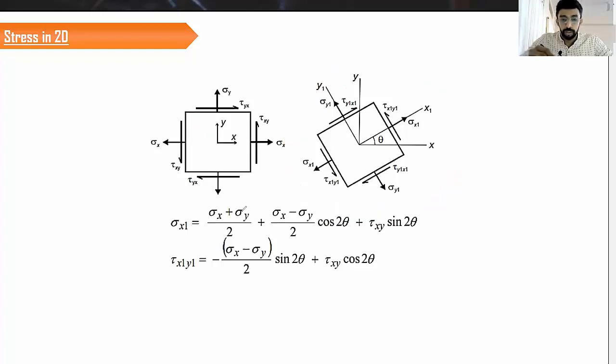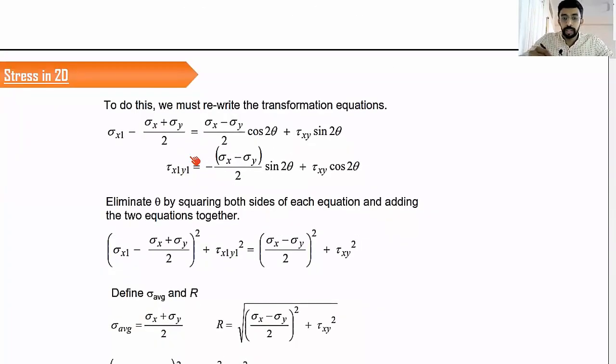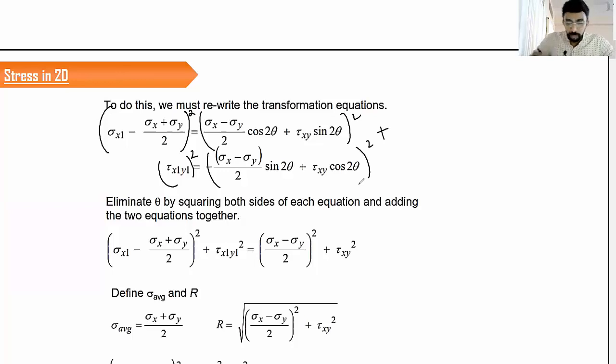I'm going to take this first term to the left hand side, and I'm going to square these two equations. Let us see what we are going to get after squaring this. This is the arrangement that I have made in this equation, and I will square the left hand side as well as the right hand side, and I will add these things together. So what we are left with is an equation like this.